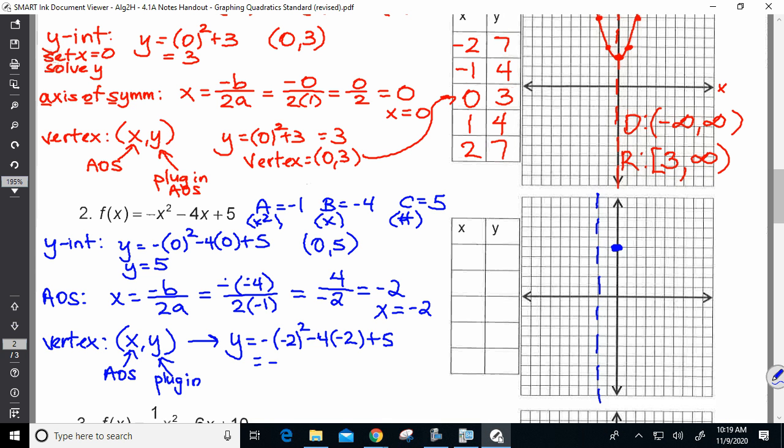You need to make sure you do the order of operations correctly.